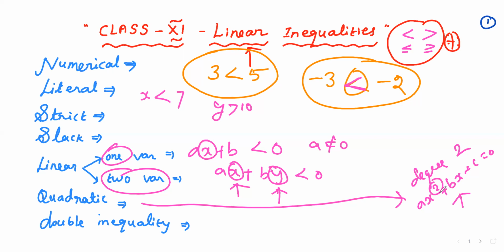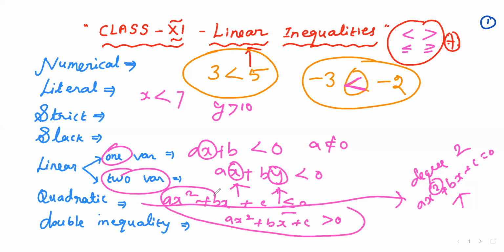Quadratic inequalities. Any example for quadratic inequalities? ax squared plus bx plus c less than or equal to 0, or ax squared plus bx plus c greater than 0. These two are quadratic inequalities.